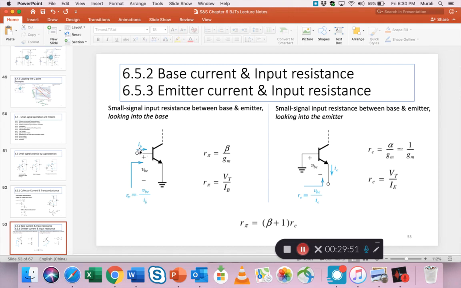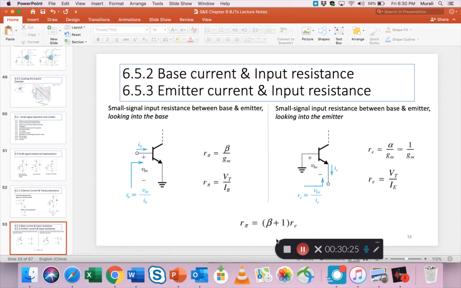Looking into this circuit between the base and the emitter for an NPN, you define R pi as VBE by IB. It also happens that this R pi is related to the beta of the transistor, which you already know, and the Gm, the transconductance, which we just defined in the previous slide. It also equals Vt, the thermal voltage, divided by I base. So all of these parameters are interrelated, right?